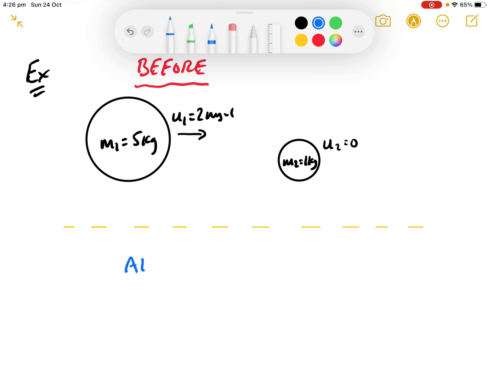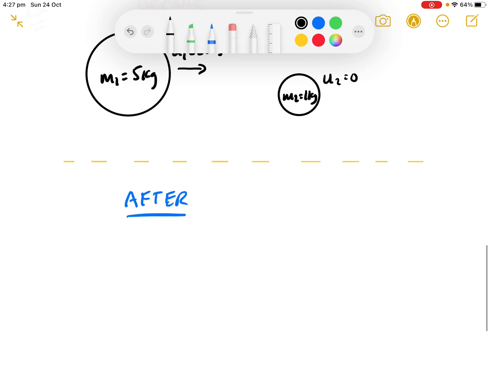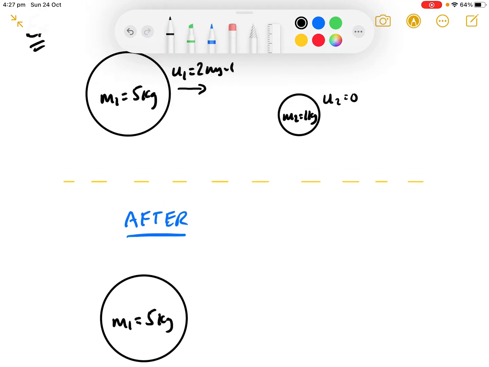And then afterwards, let's imagine that our first body, M1, the 5 kilogram one, will be going a little bit more slowly, so we'll call that v1.